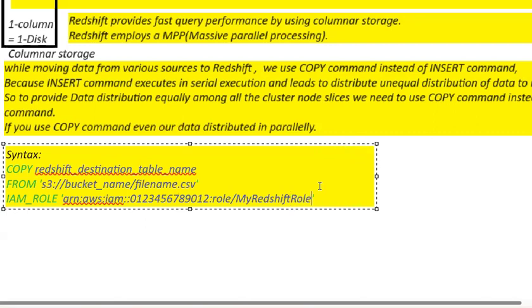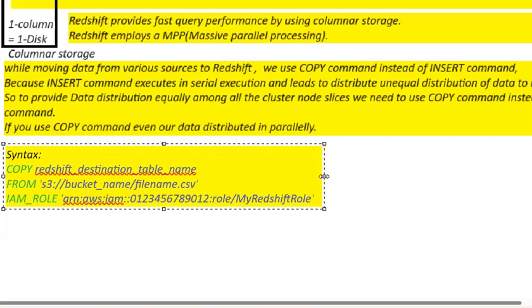Every role or every resource has this, that is an ARN, Amazon Resource Name. Mostly the full form of ARN is asked in certification, so you must remember this point: Amazon Resource Name. So let's see the actual syntax.